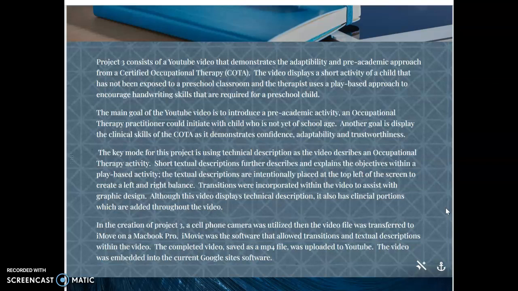So with that in mind, I went ahead and included some information from Project 1, but also wanted it to be more concise and to further provide clinical objectives within this Project 3.